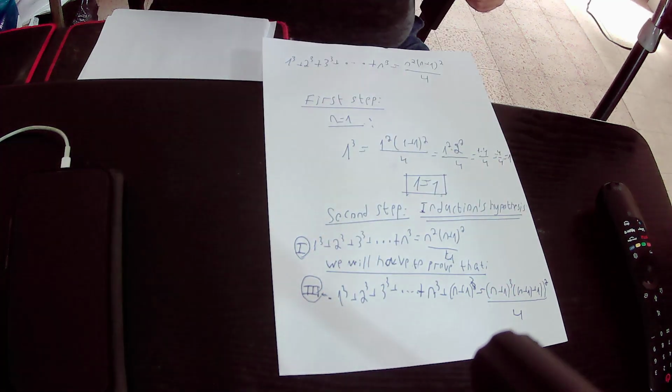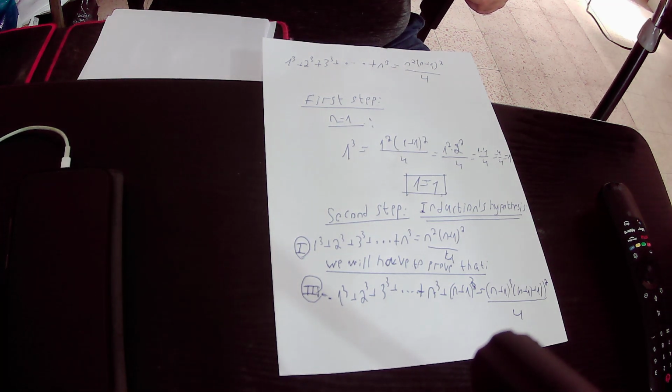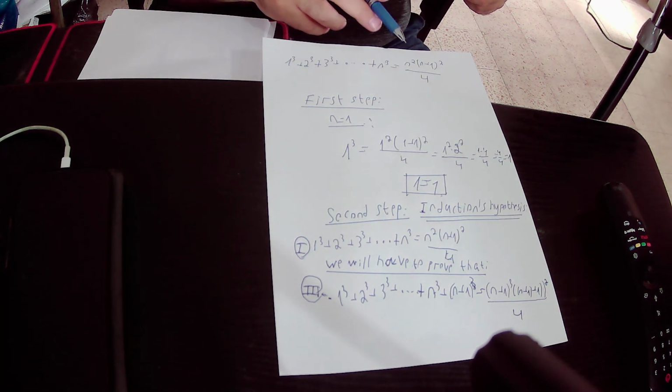wherever we have in the original expression n, we will put n plus 1, because we must prove this statement for n plus 1.